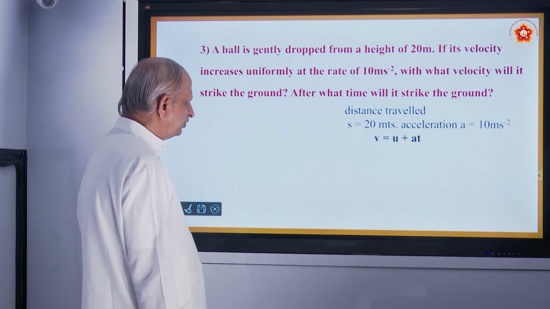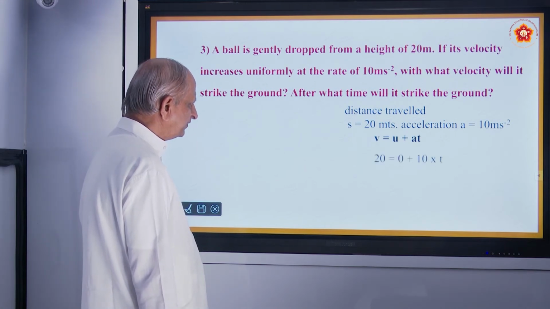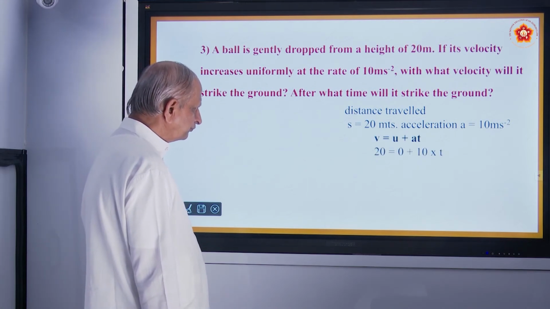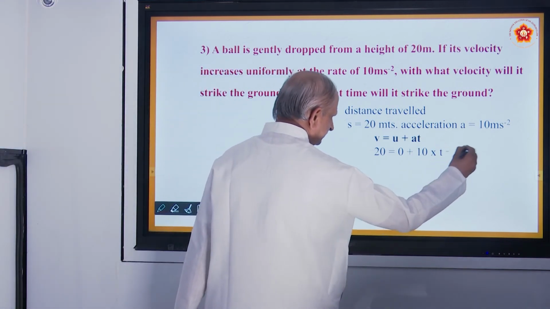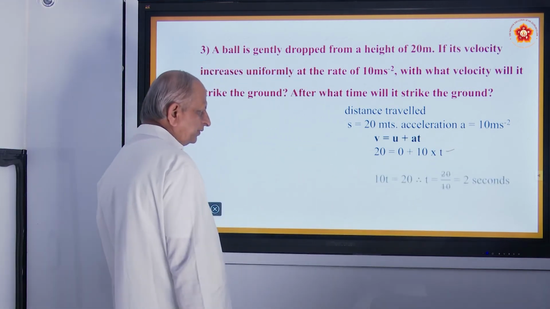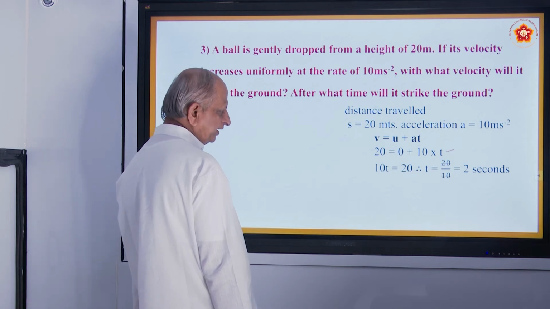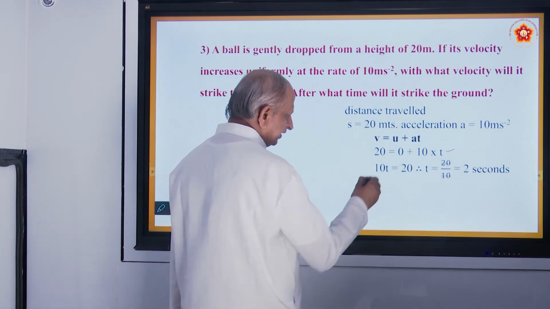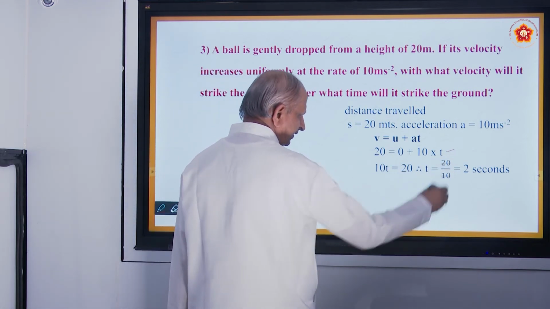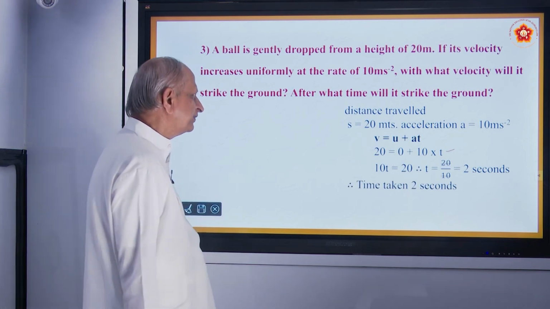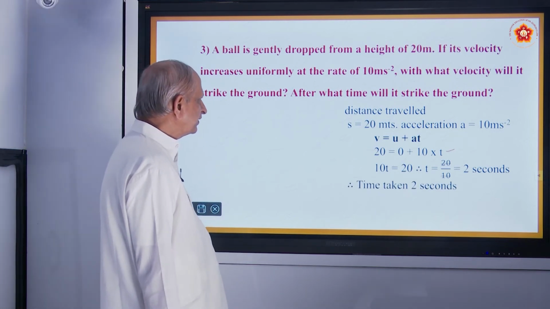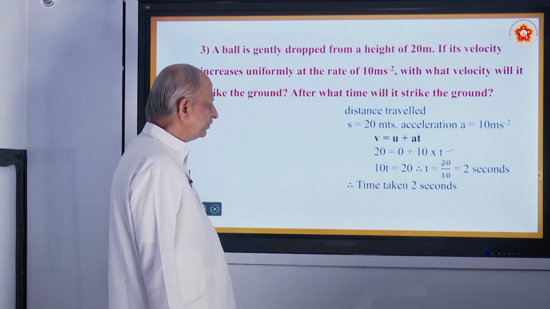Formula is v is equal to u plus at. Why you want this formula? You are asked to find the time. So 20 is equal to 0 plus 10 into t. So 10 into t is equal to 20, t is equal to 20 by 10, that is 2 seconds. Time taken is 2 seconds.